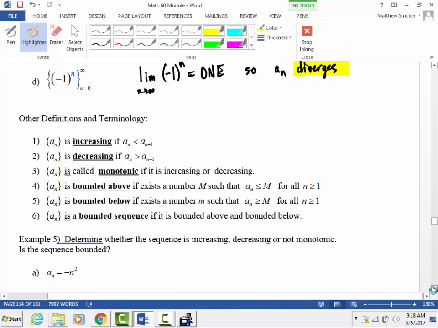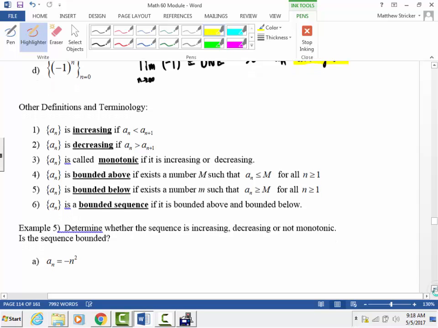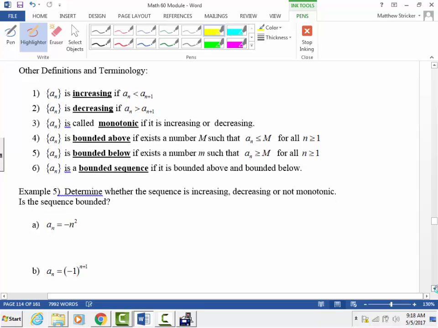Okay, now what if we wanted to tell if a sequence was increasing or decreasing? What's a great tool that we learned in Math 50 for telling that? Not the second derivative, first derivative. First derivative tells if it's increasing or decreasing, right? So what if we let f of n equal negative n squared? Then what is f prime of n?